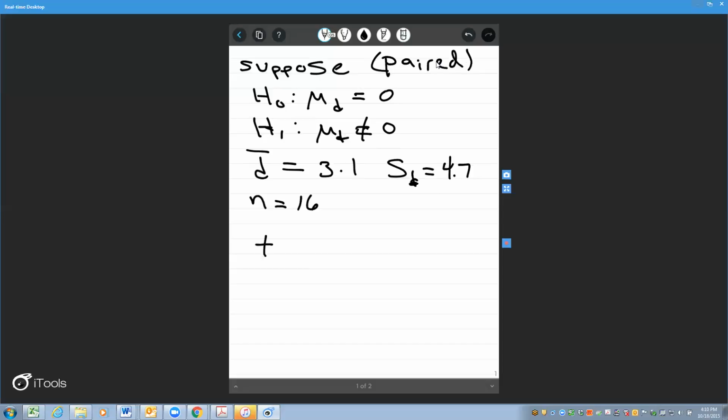Since this is paired, I'm looking at t as d bar over S sub d over the square root of n, which is 3.1 over 4.7 over the square root of 16, which gives me a t value of 2.638.